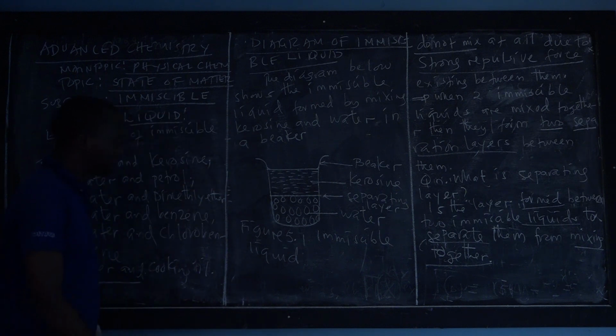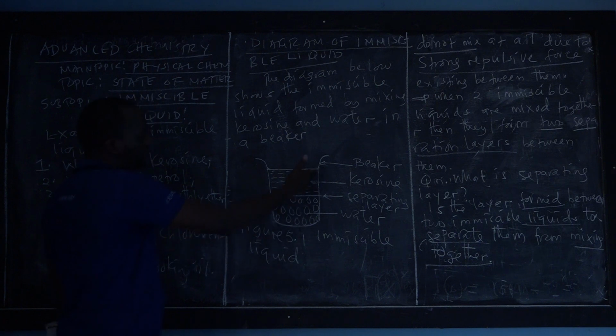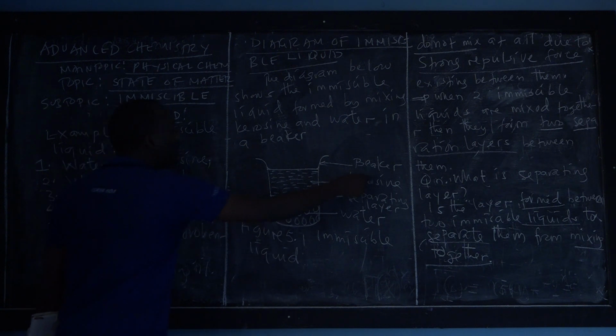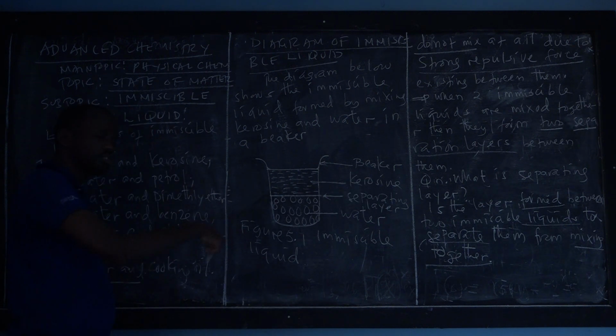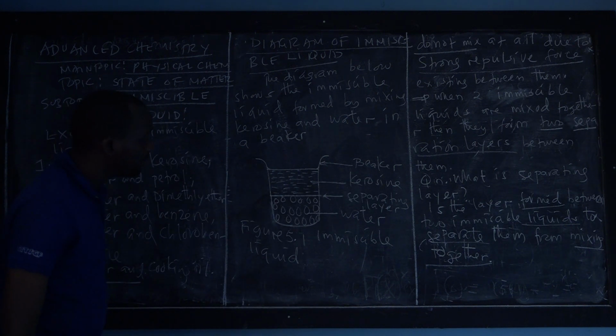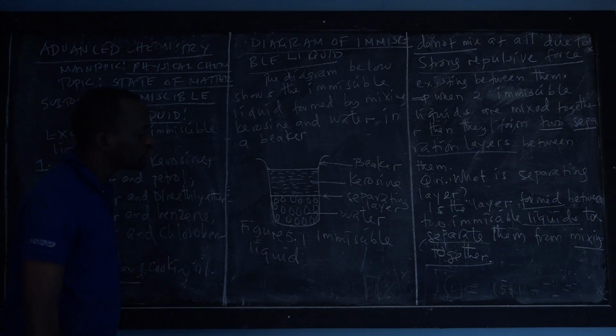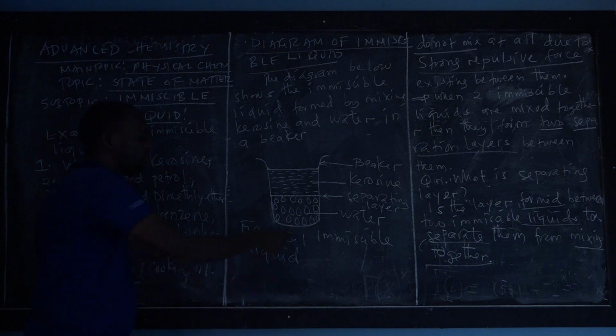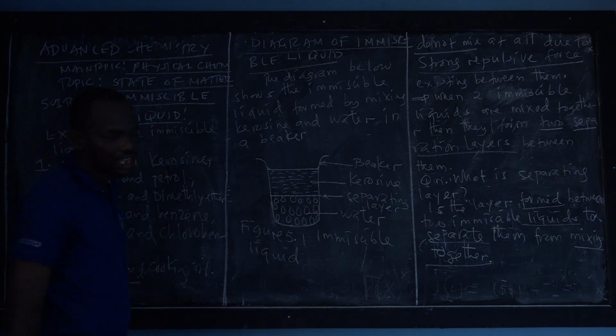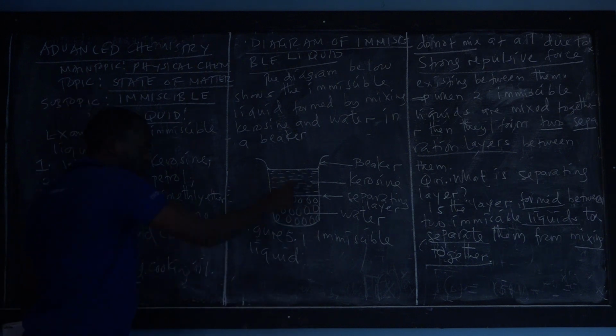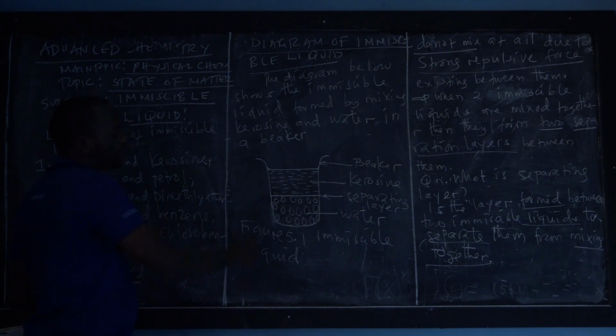Okay? So with this diagrammatic representation, we have a beaker, we have kerosene. In this beaker you pour kerosene as the first solution, and then as the second solution you pour water. What is going to happen? The kerosene will be floating above the water, and the water will be at the bottom of the separating layer with kerosene.